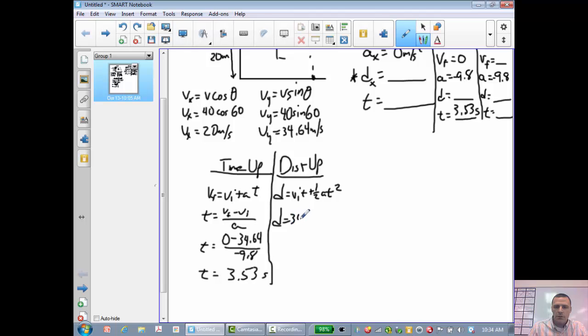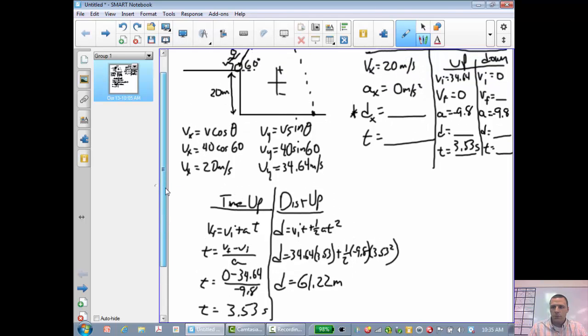D equals 34.64 times 3.53 plus 1/2 times negative 9.8, it's going up, times 3.53 squared. And the distance up is 61.22 meters.